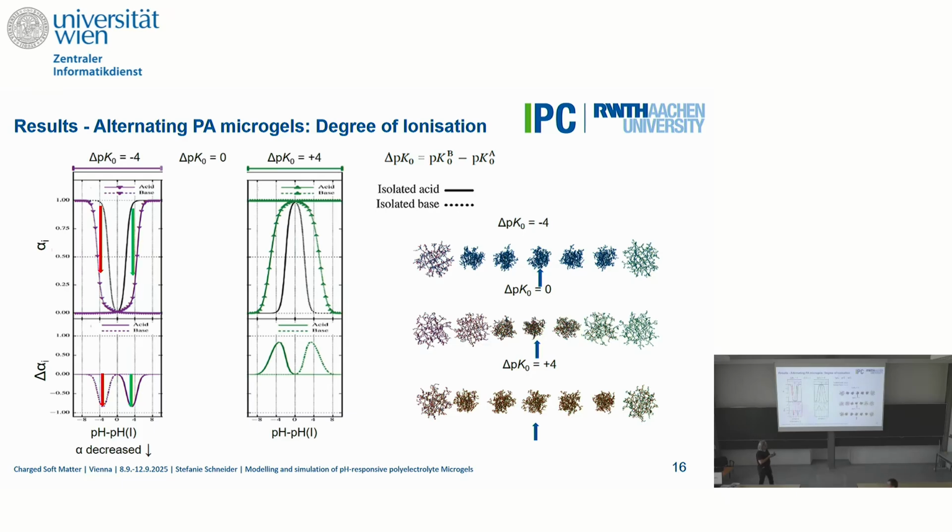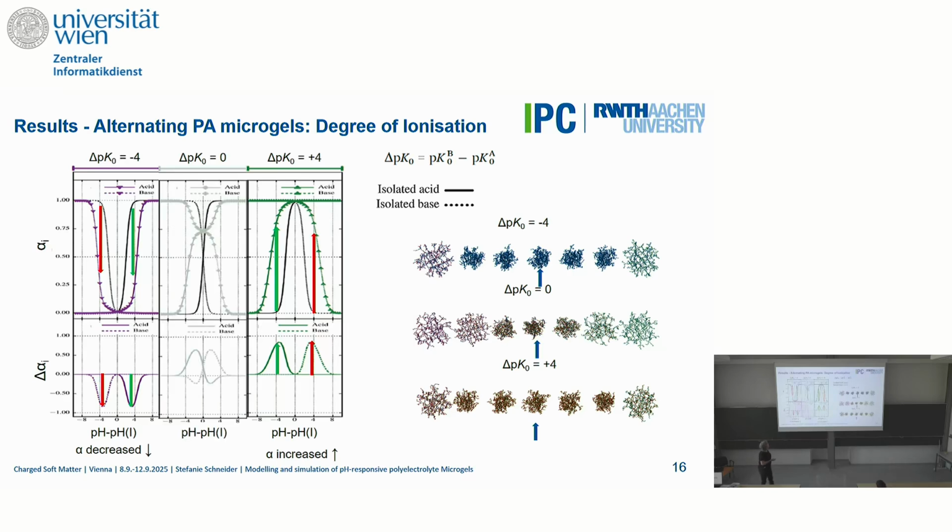The other extreme case is a strong overlap between the ionization of both species, and you see a strong enhancement of ionization both of the acid and the base compared to the ideal case. And at some intermediate case, you actually get up to the isoelectric point.